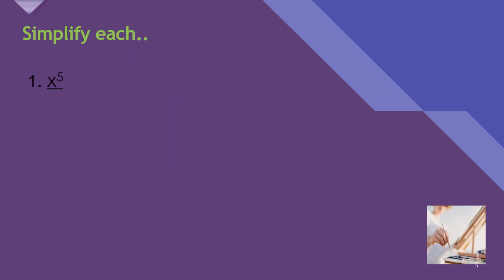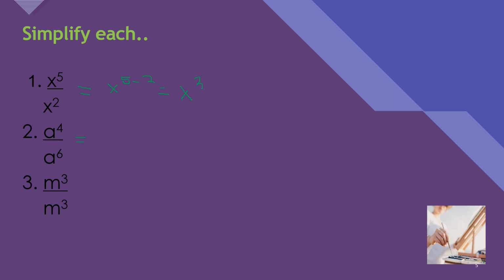Okay, so I think I need to change the color. I think red is not suitable. So here we have x to the 5 minus 2, that is x cubed.